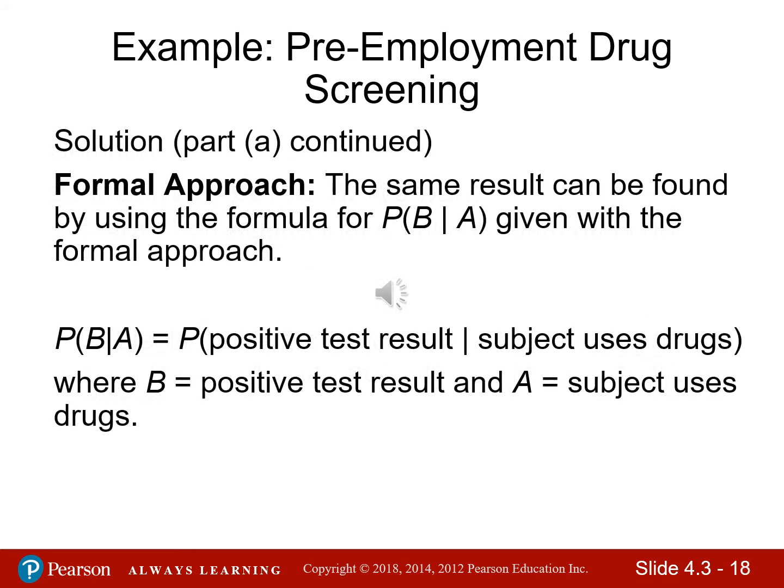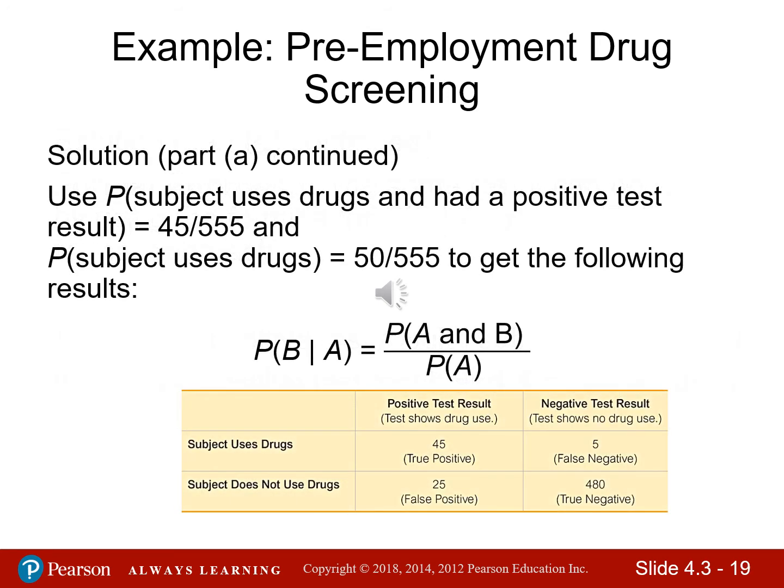Now for part A, let's use the formal approach. With the formal approach, the same results can be found using the formula probability of B given A, where B is a positive test result and A is equal to the subject's use of drugs. Using the formal approach, we first want to find the probability that the subject uses drugs and had a positive test result.